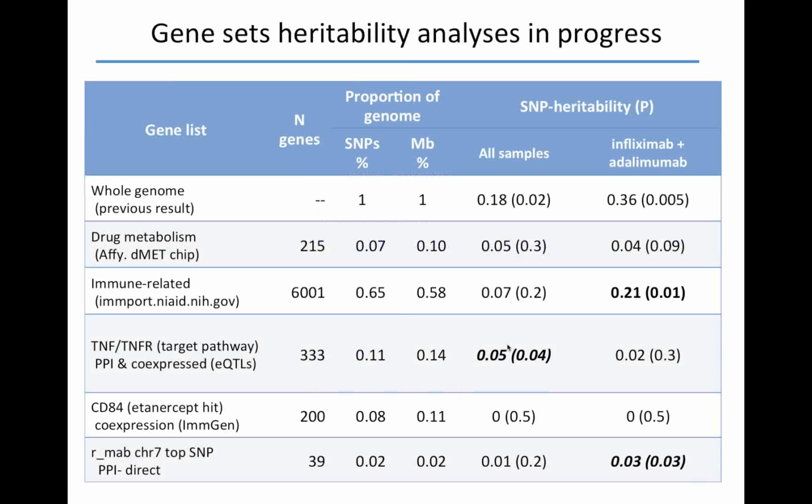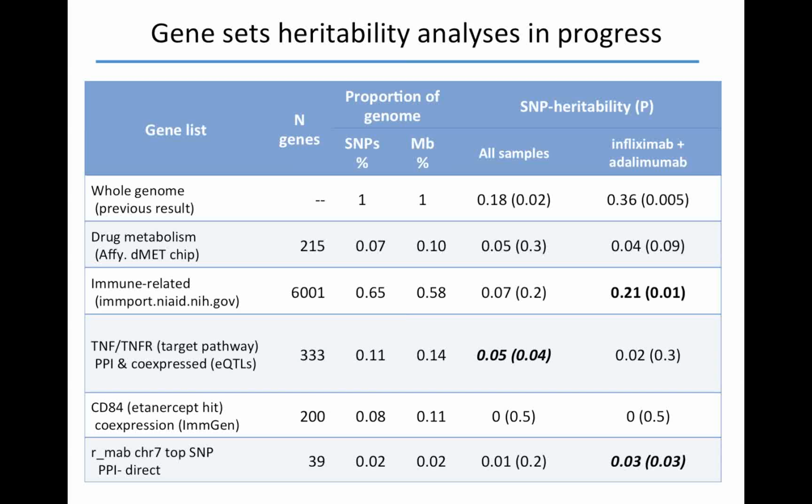And then in the last row, the result that's bold and italics on the far right, here's an approach that could be interesting as part of feature selection. In the discovery data GWAS that we performed for infliximab plus adalimumab together, we found a suggestive association on chromosome 7.